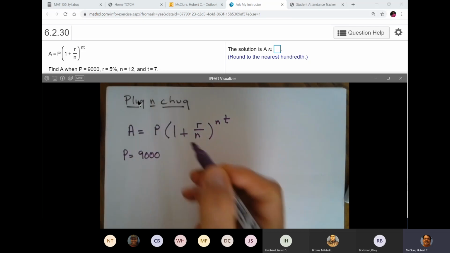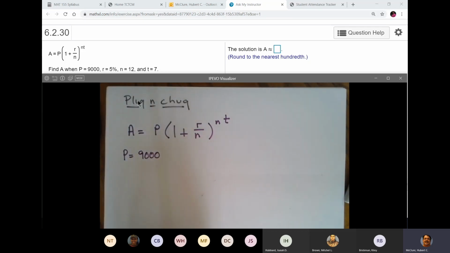So we're investing $9,000. And the rate at which it grows is 0.05. And we're going to compound it. The bank is going to calculate it 12 times a year, which means monthly. And I'm going to keep it in the bank for 7 years.